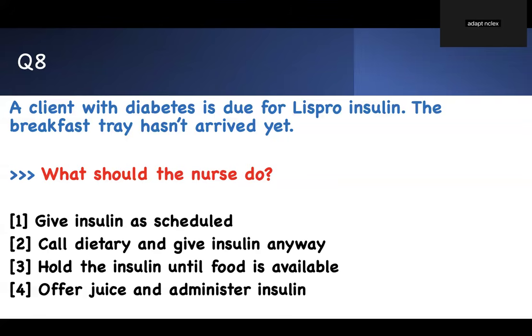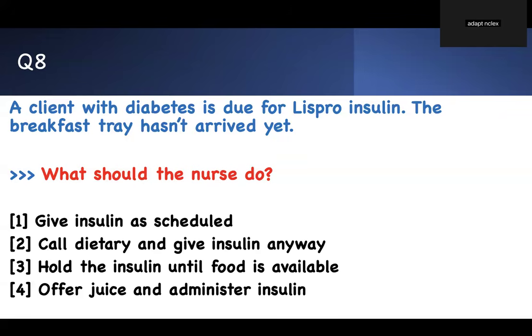The patient has no food, and I'm going to give them fast acting insulin? If you're hungry, you're not going to eat anything. Offer juice and administer oxygen. Is that the best answer? It is not safe, right? The juice may not be enough glucose for the patient to use.